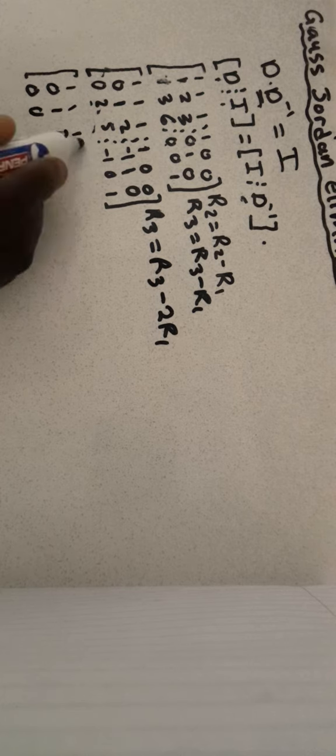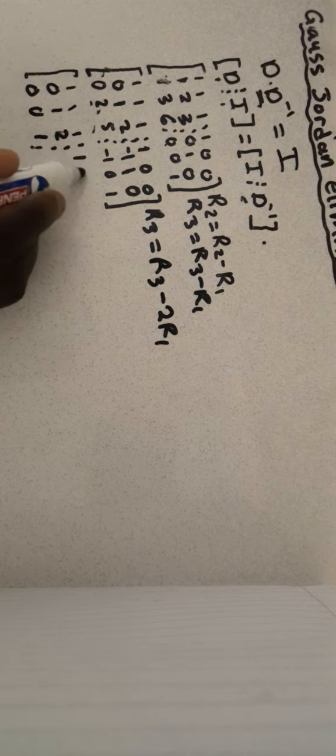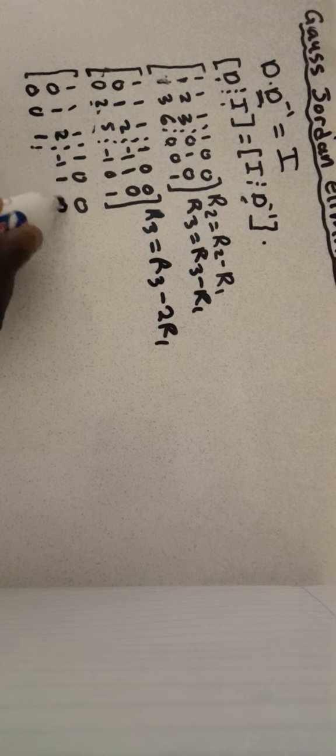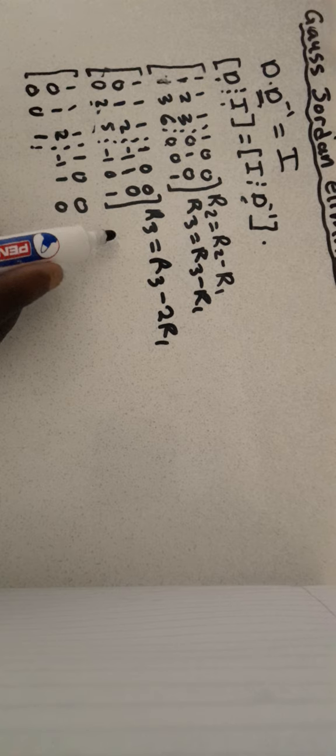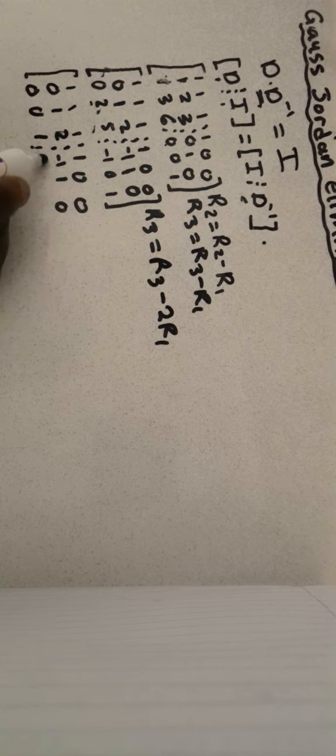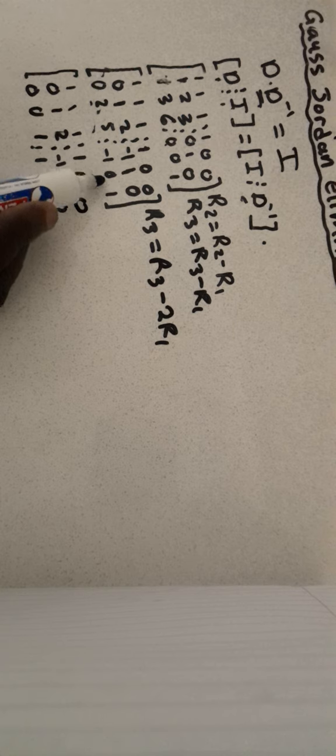On the other side, 1 0 0, minus 1 1 0. Then minus 1 minus 2 times minus 1 is minus 1 plus 2, which is 1, and 0 minus 2.